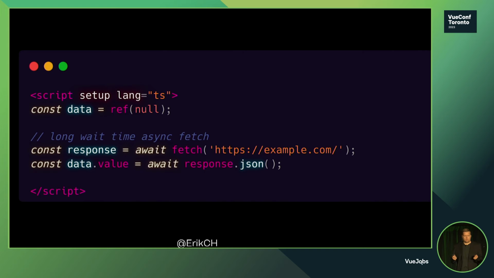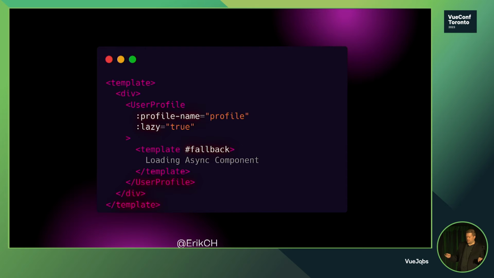We probably should have used $fetch, now looking at this. But anyways, it's taking a little bit of time to go in and get the information, and we need to wait here. What we can do is pass in the profile name, profile, and we put lazy true. And the template fallback is the loading async component.